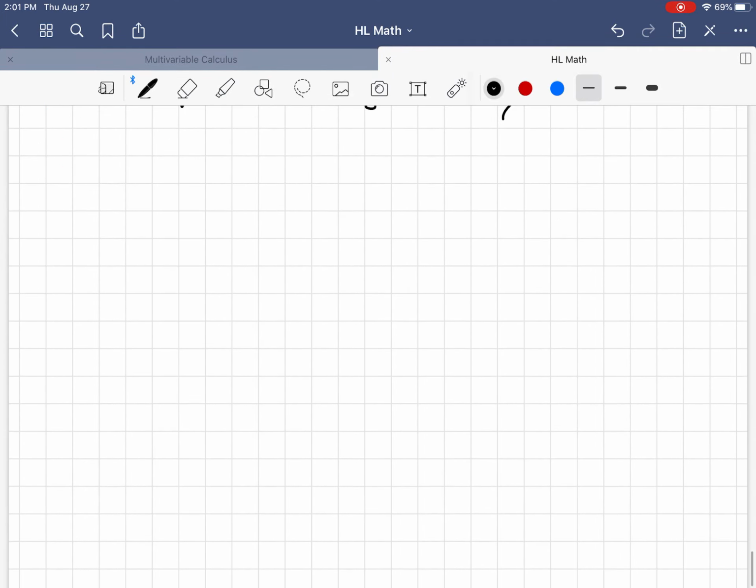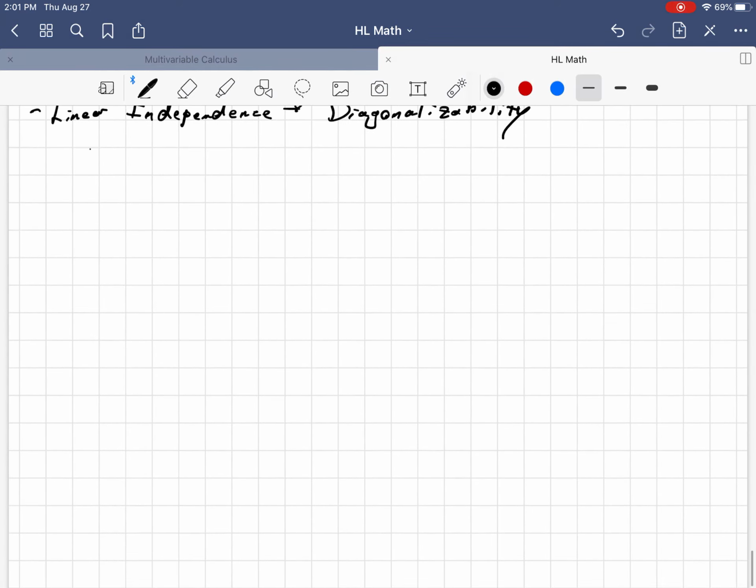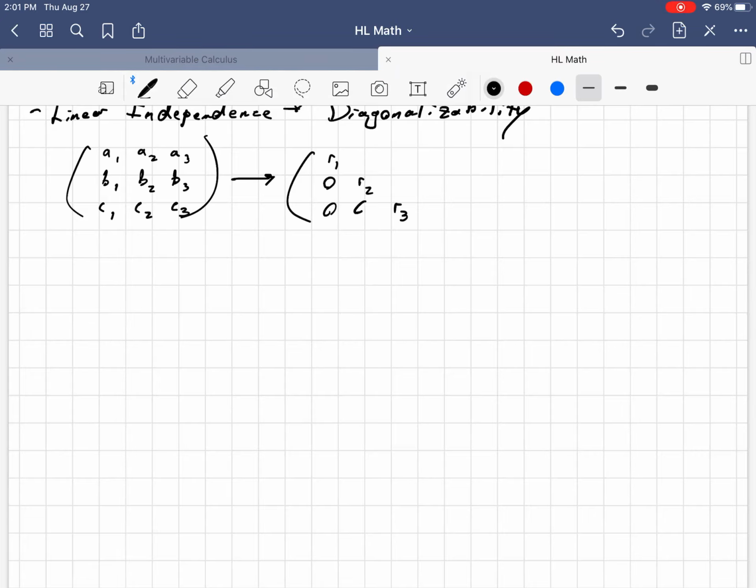It means you turn, for example, a 3x3 matrix, say A sub 1, A sub 2, A sub 3, B sub 1, B sub 2, B sub 3, C sub 1, C sub 2, C sub 3, into a matrix with different constants, say R sub 1, R sub 2, R sub 3, and then with zeros everywhere else, so non-zero entries only along the main diagonal.